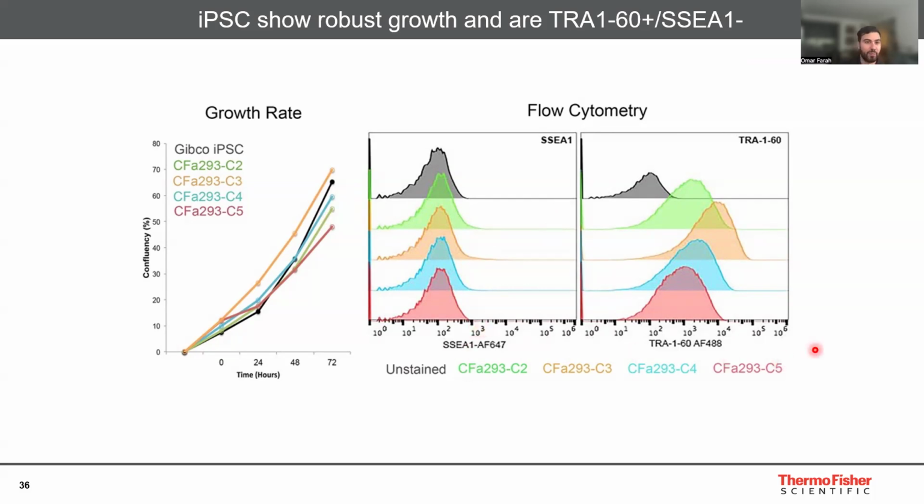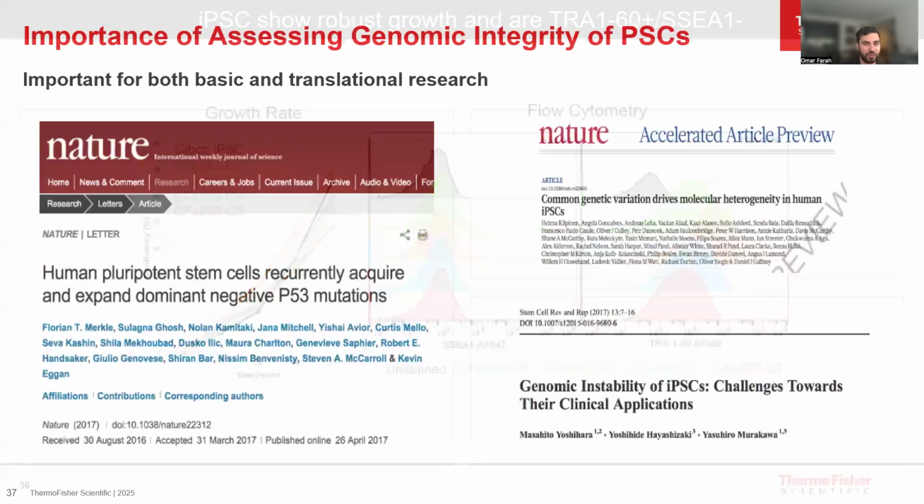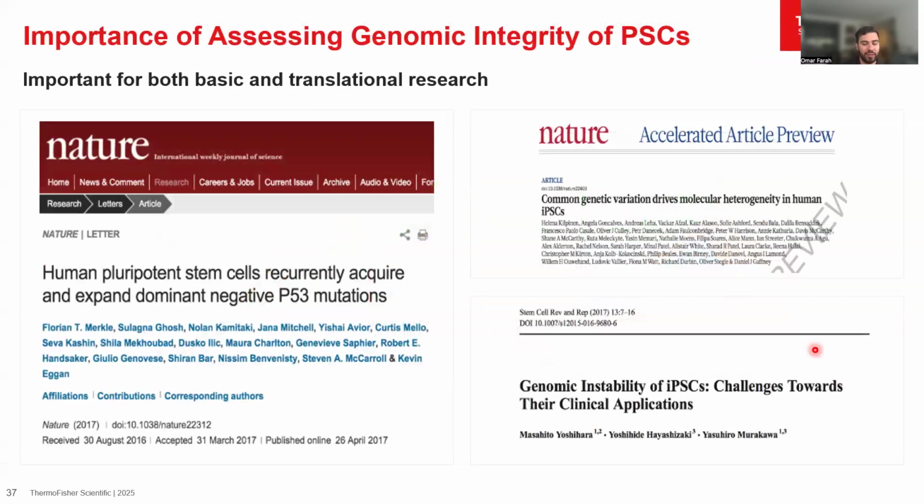And the reason why I'm mentioning all of that, just in terms of looking at your cells and different ways in which you can look at them, and we'll talk a little bit about this in the next several lectures, but it's really, really, really important to assess and characterize your PSC cells and cell lines as they're coming out of reprogramming, as well as during routine culture.